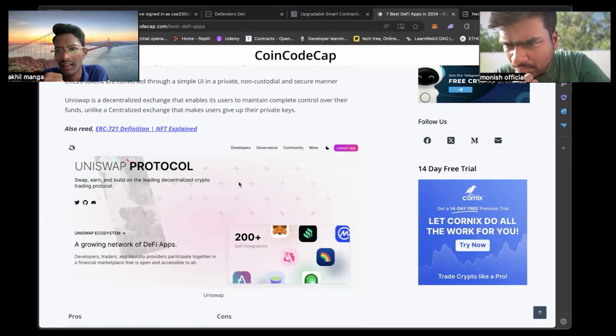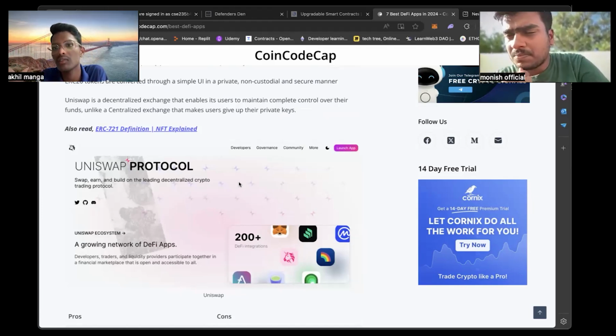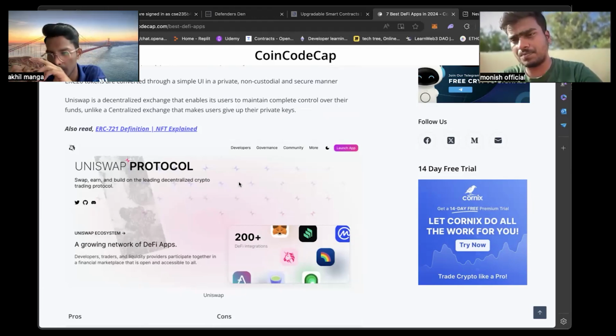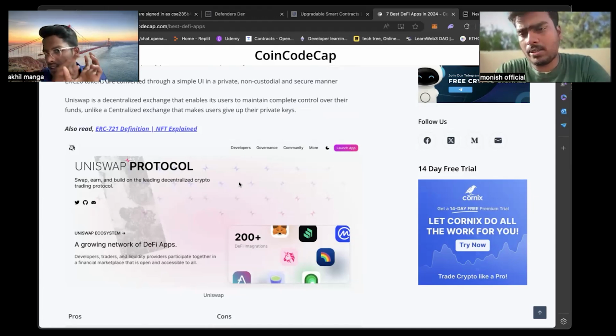One stablecoin is pegged to $1. Pegged to $1 means the value will not increase and will not decrease; one stablecoin equals $1 only.